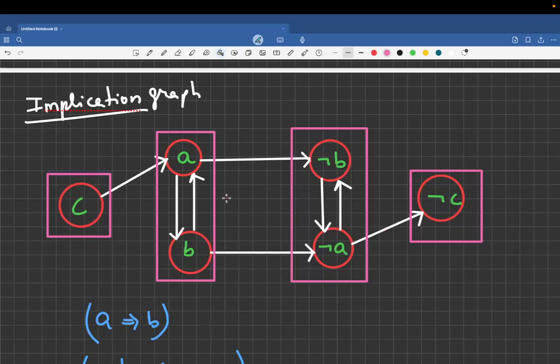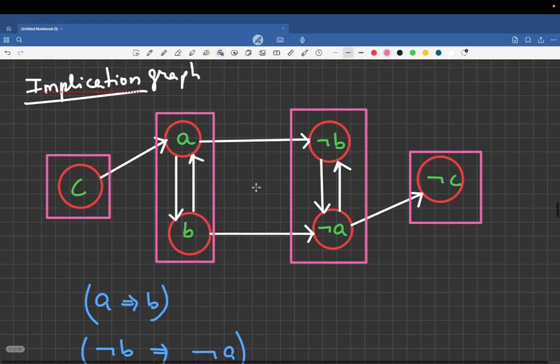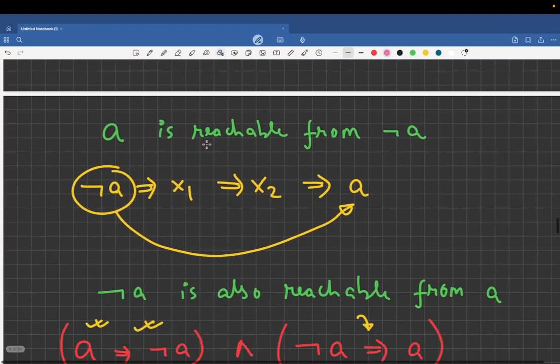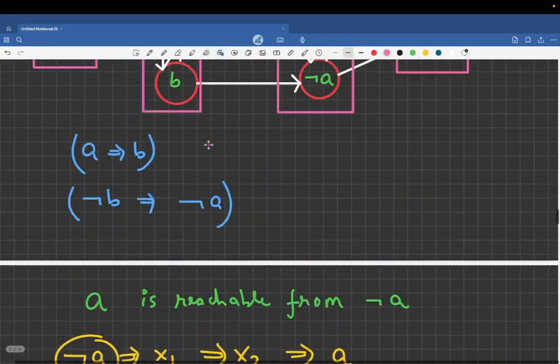So in this particular graph, we have in total 4 strongly connected components. And in all of these components, we don't have any variable such that in a single component, both the variable and its negation exist. So definitely we have some solution for this particular expression.